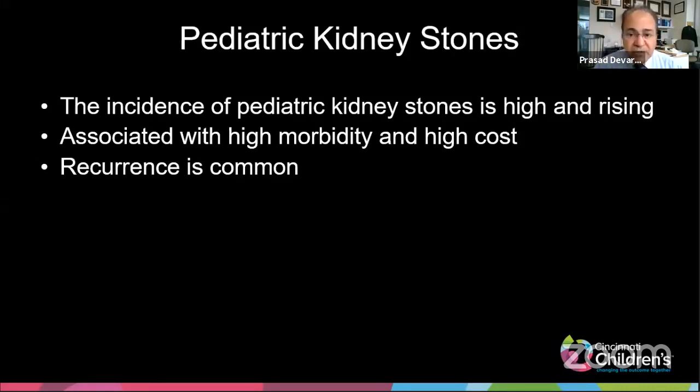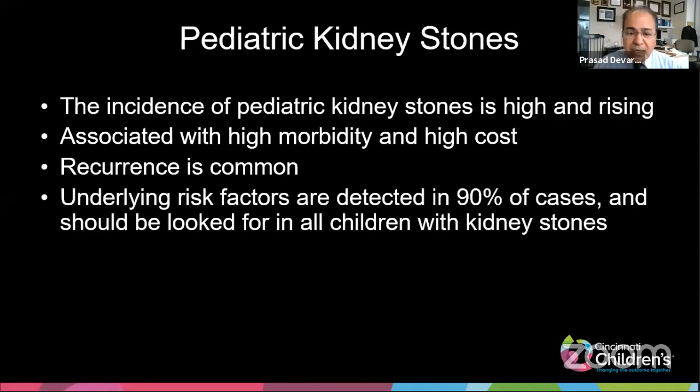In children, recurrence is the usual rule rather than the exception. And the other big difference in children with kidney stones is an underlying risk factor is almost always detectable. And therefore, we should always look for an underlying risk factor in all children with kidney stones.